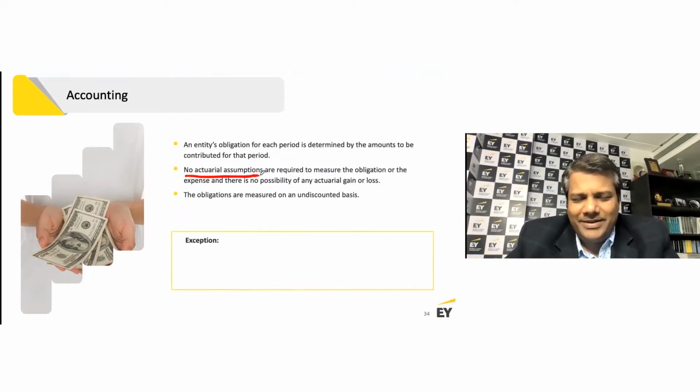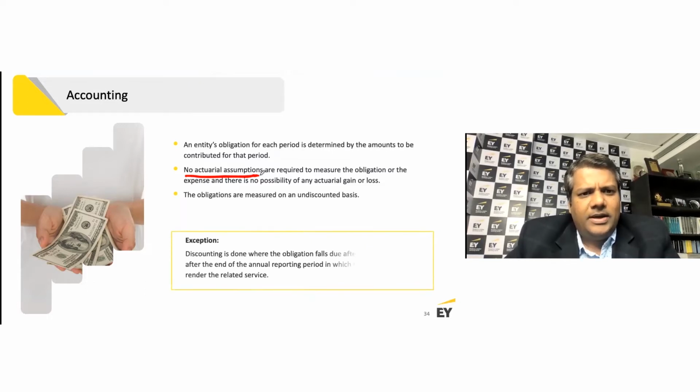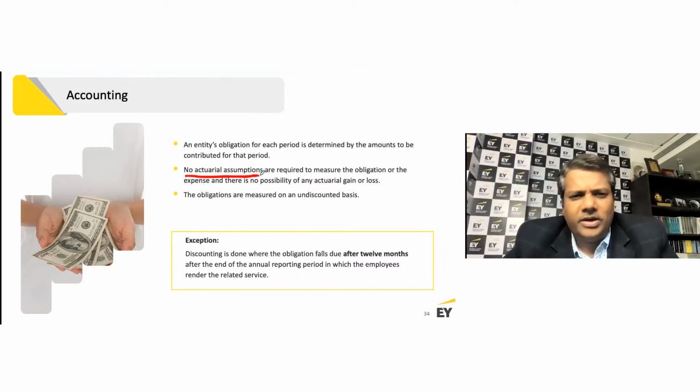An exception to the rule is when the obligation falls due after 12 months. In that case, there can be an element of discounting, but that is a pretty rare situation. To say that it is a defined contribution plan where I'm going to contribute after 12 months to a kitty, ordinarily we don't see.